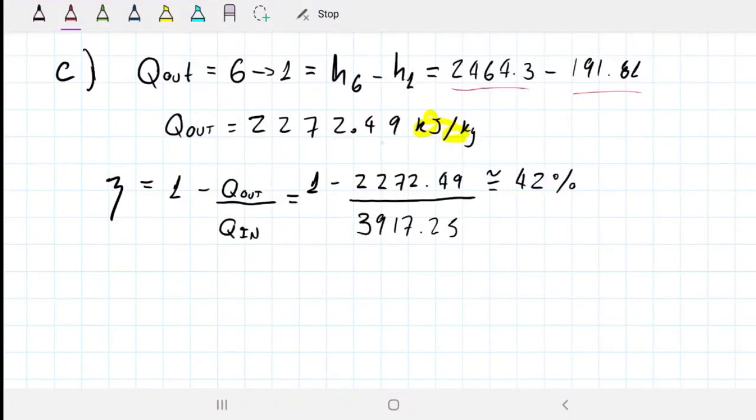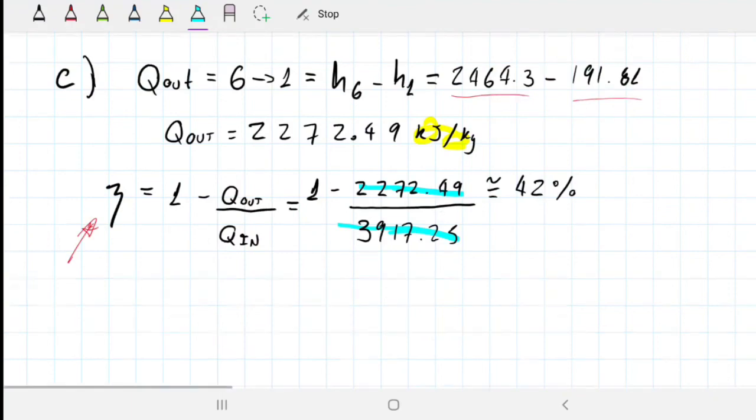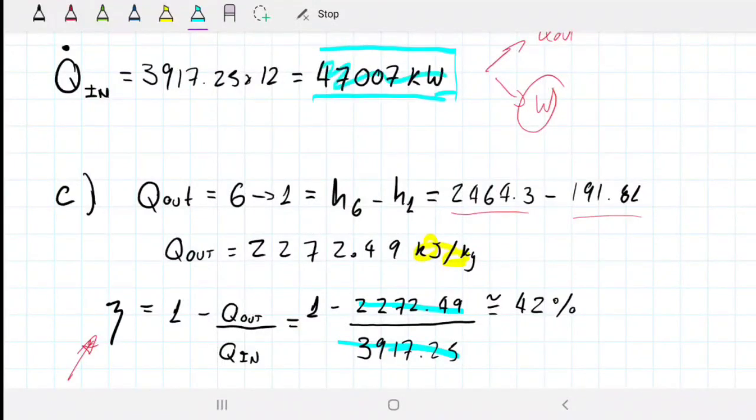Okay. So we can find the thermal efficiency by relating the two heats, right? Heat addition and heat rejection. The only thing you need to watch out for is that because this is dimensionless, you need to eliminate the units. You can't use the 47, right? It may be tempting to use 47 as Q in there, but in that case you'd have kilojoules per kilogram divided by kilowatts, so you would not eliminate your units.